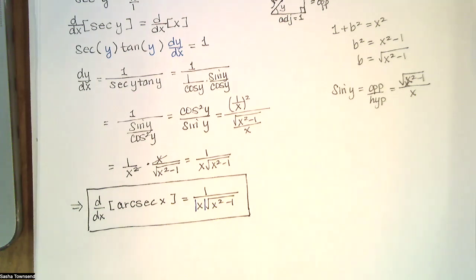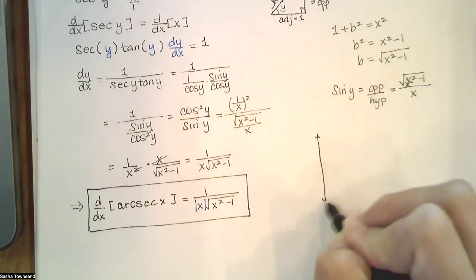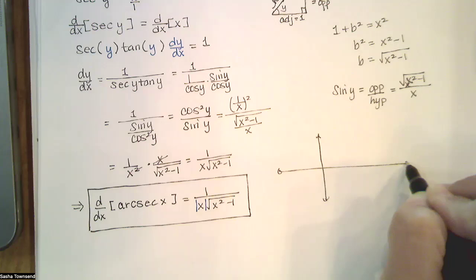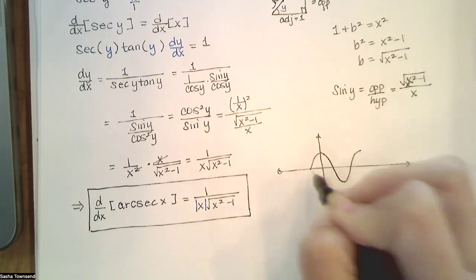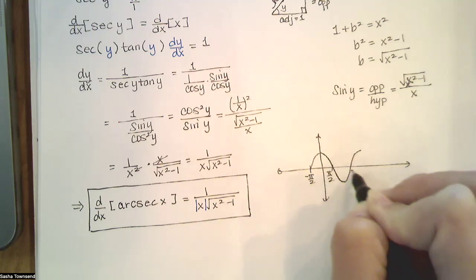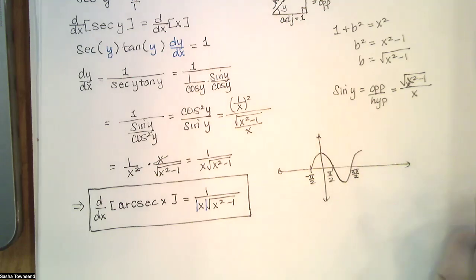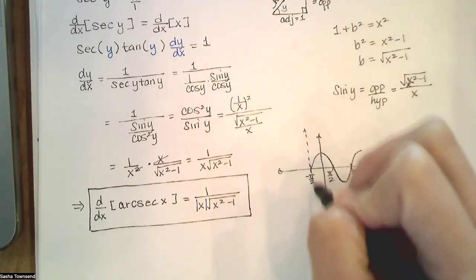If we want, we can look at the graph of arcsecant. In order to do that, it's helpful to look at the graph of both cosine and then secant. So cosine looks like this. Cosine is 0 at all of the odd multiples of pi over 2. And secant is 1 divided by cosine.